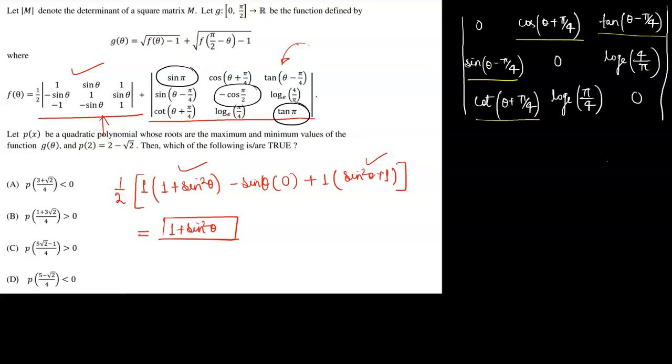so cos theta plus pi by 4, and we will have here log 4 by pi into cot theta plus pi by 4.